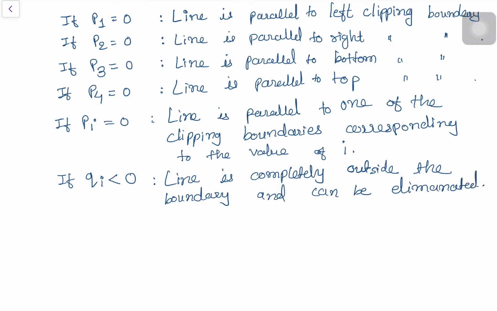So whenever we get a value of qi less than 0, the line is completely outside and can be eliminated.